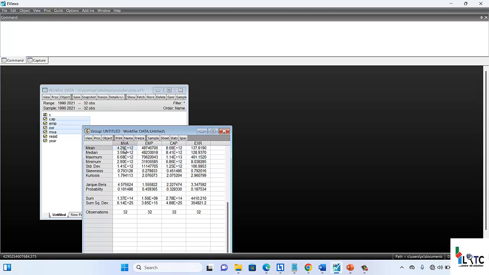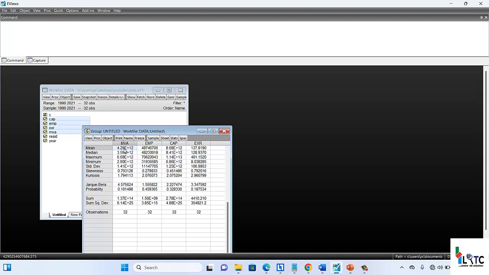And also I want you to note that when you are computing descriptive statistics, you need to use the raw data. Don't use logged data. Don't use transformed data. Use the raw data. Do you know why? The reason is just that we want to know the nature of our data.